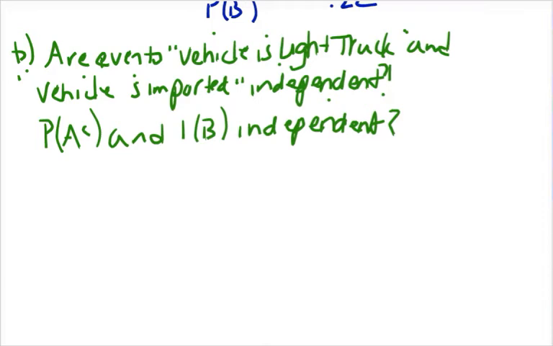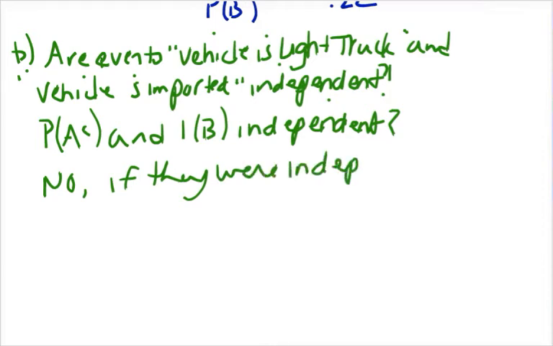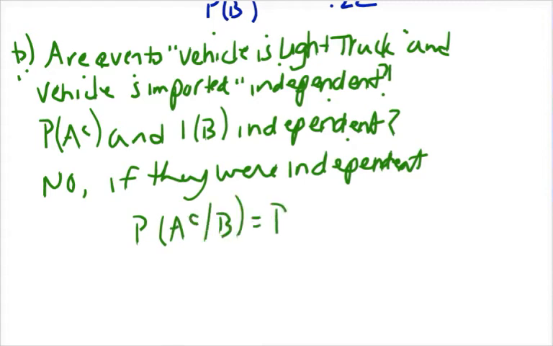So the answer is no, because if they were independent, then the probability of A complement given B would have to equal the probability of A complement, which we discussed today.